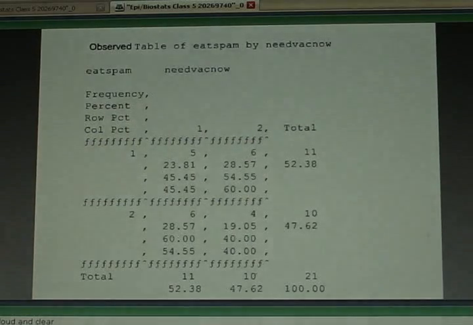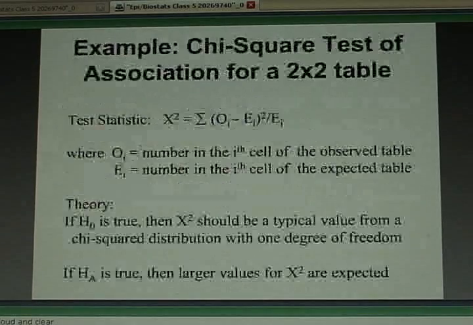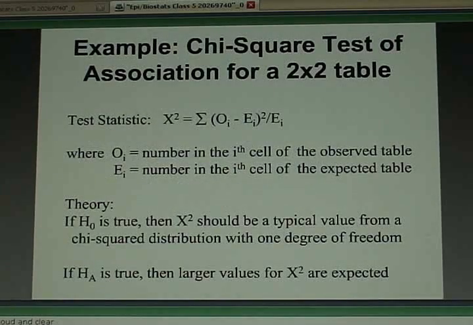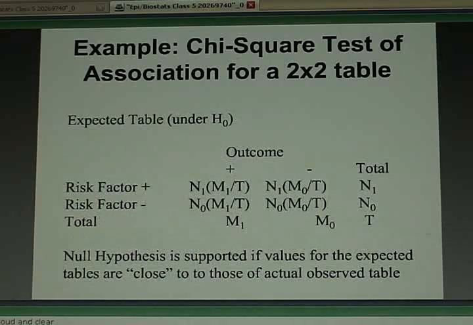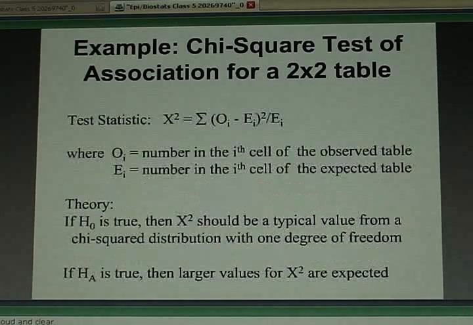So when you calculate these expected cell counts, go back to the general form, by taking row total times column total divided by grand total, some of these numbers might be small. Why is that bad? Because when you calculate x squared, notice you're not just looking at the distance between the observed cell count and the expected, but you're also dividing by the expected cell count. And remember, when you divide by a very small number, you get a big quotient.